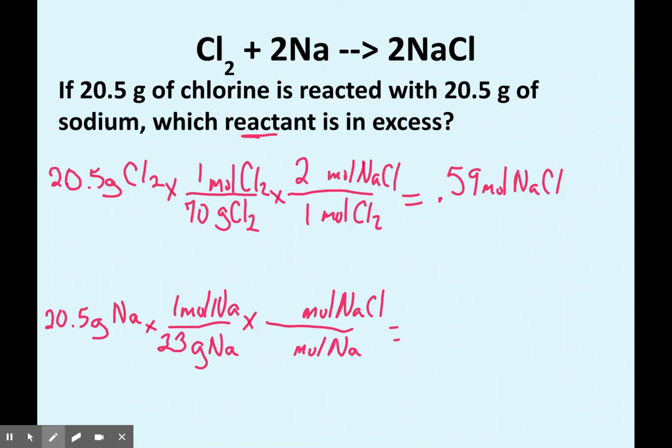That ratio is 2 to 2. So when I calculate, I'm going to take 20.5 divided by 23, and then the 2's cancel out, so I don't have to worry about that. And that's going to give me 0.89 moles.